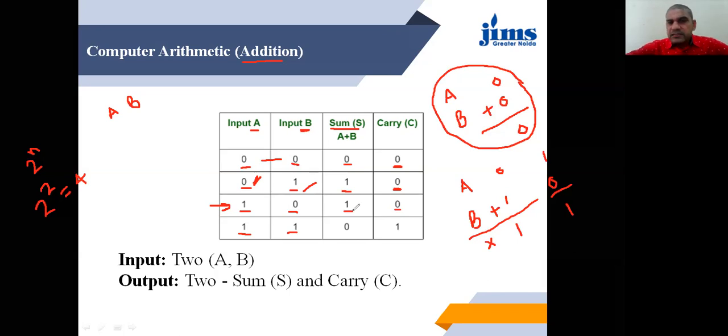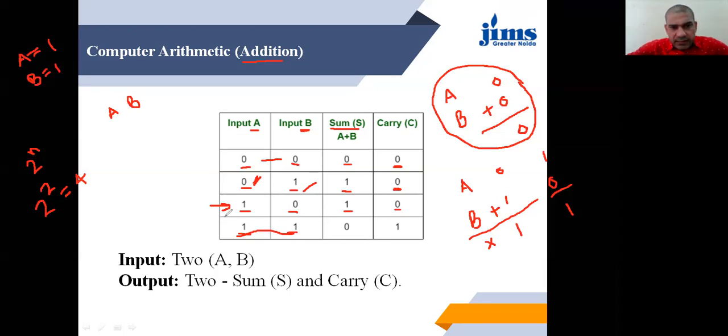The concept of addition changes in binary numbers in that we get a carry when we add 1 plus 1. When A is equal to 1 and B is also equal to 1, this is the fourth case.